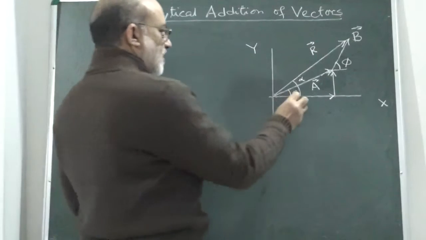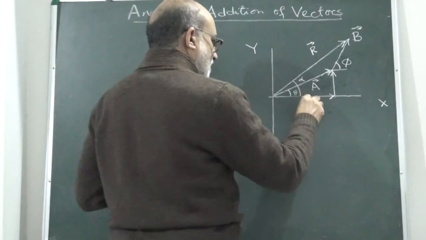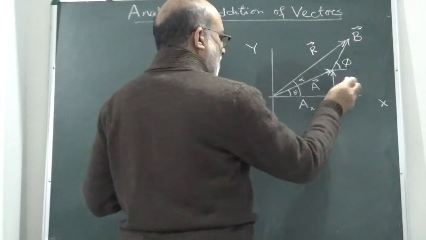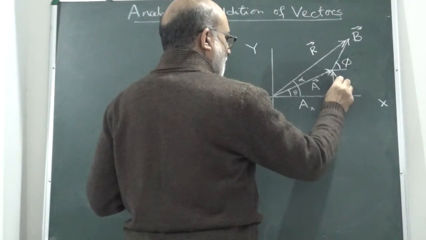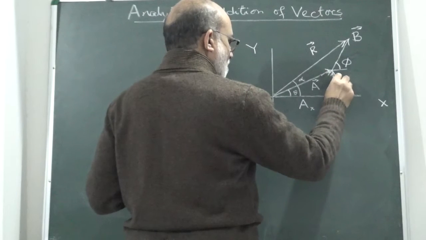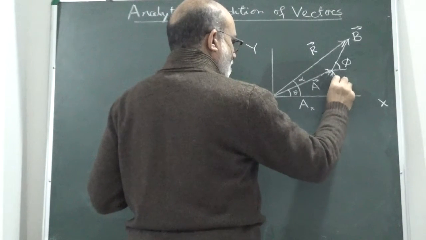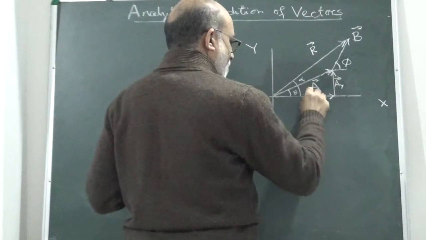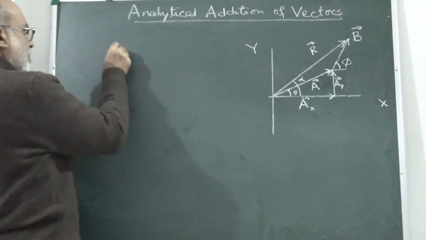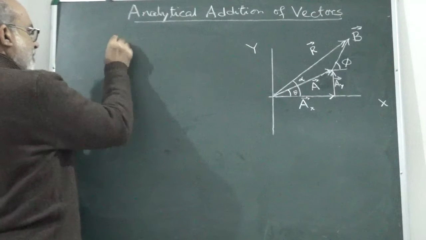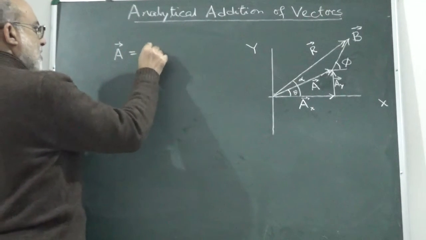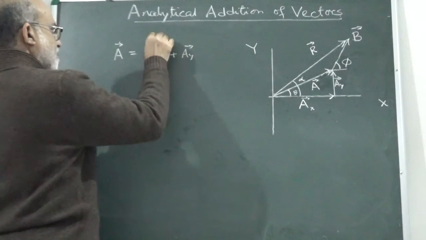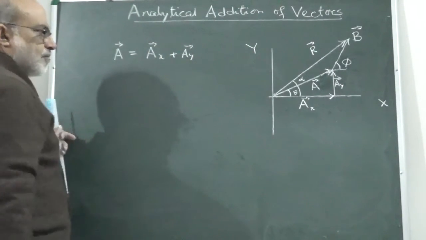The x component is denoted as Ax and this is denoted as Ay. So the vector A is Ax plus Ay.